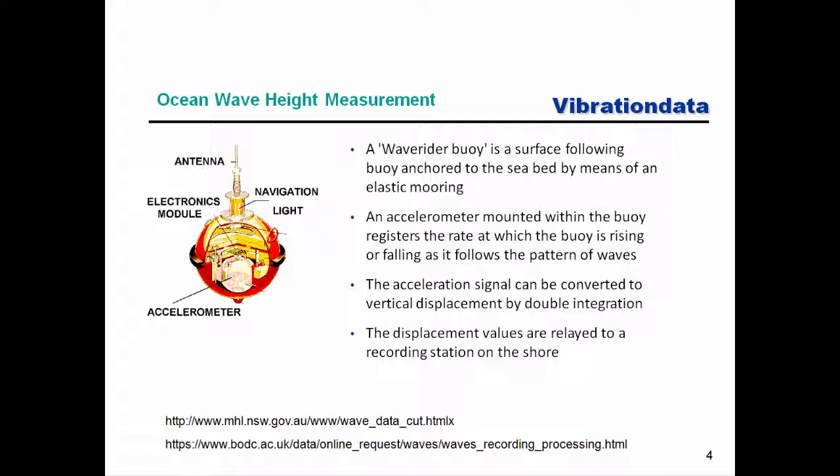Now here's another measurement situation, and this has to do with ocean wave height, or you could say displacement, but wave height is probably a better descriptive term. So throughout the oceans of the world, there are numerous wave rider buoys, or sometimes just wave buoys or wave height buoys, spaced all throughout the oceans. These typically have an antenna, as shown at the top, for transmitting telemetry data from the sensor.